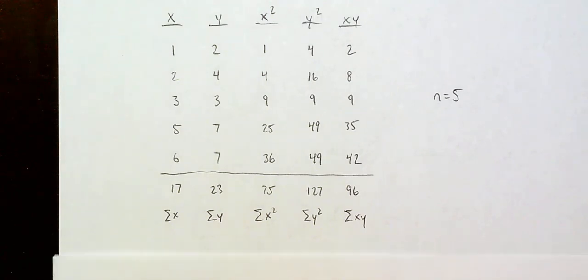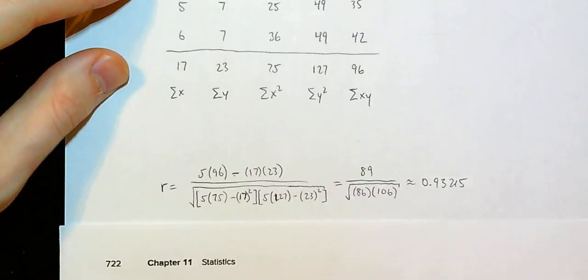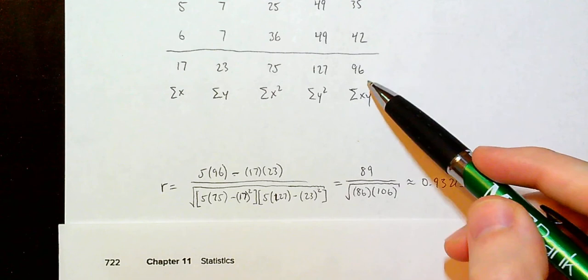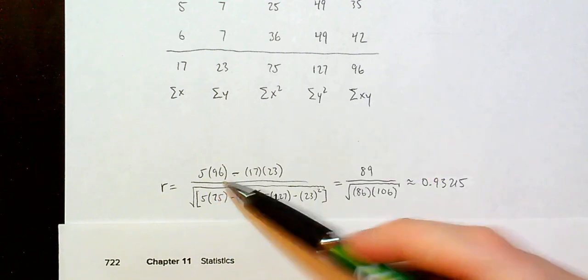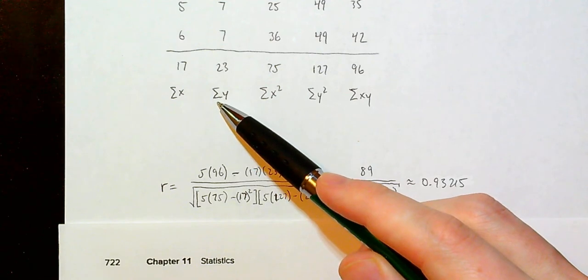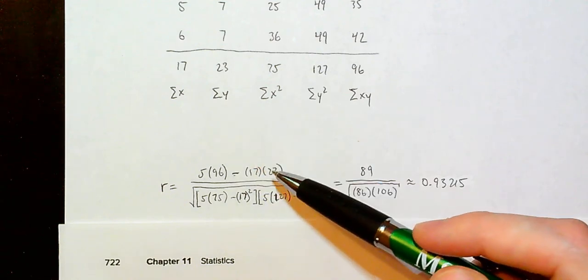All right, guys, let's see if you got the correct correlation coefficient. Again, it is n times the sum of the product of x and y. So 5 times 96 minus the sum of the x's times the sum of your y's. So 17 times 23.